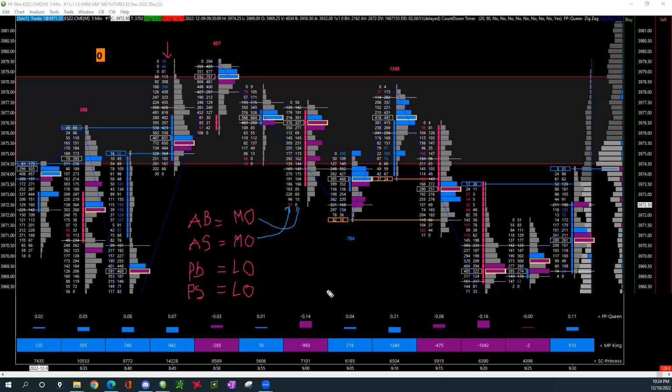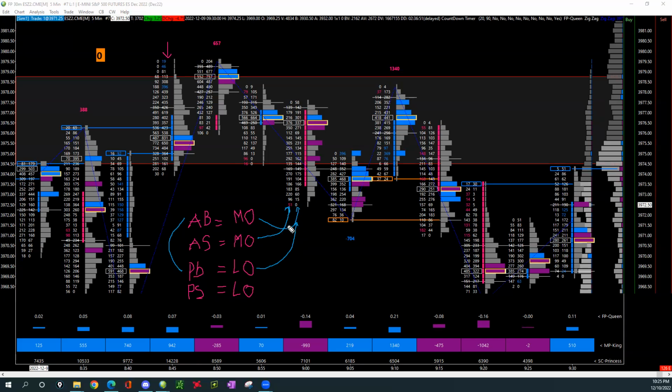However, it's so confusing. The reason it's so confusing and complex is because on this side right here, you also have a passive buyer. Aggressive and passive participants are standing on the same side.